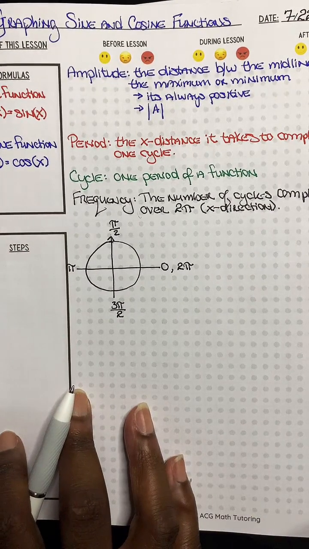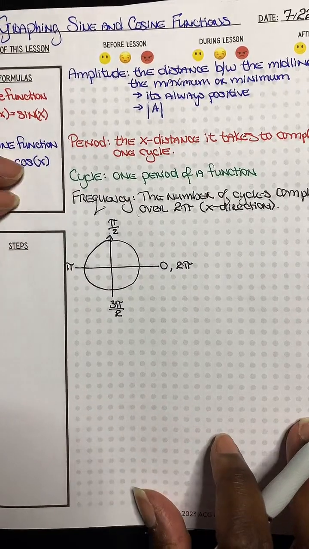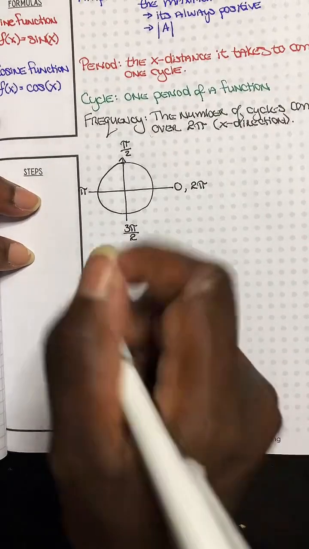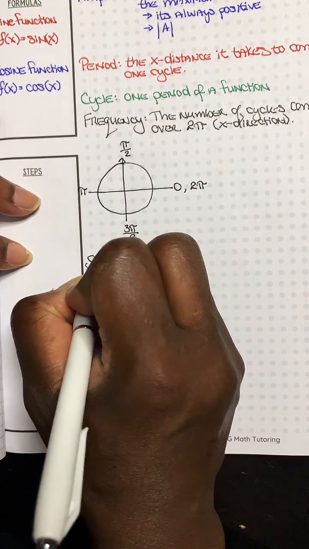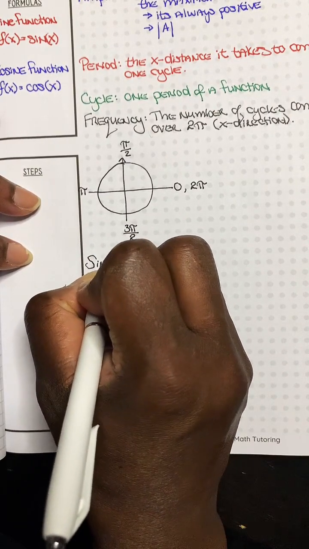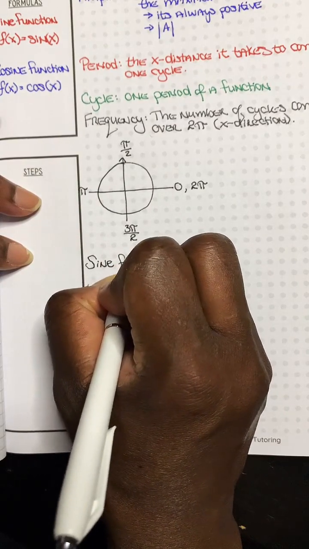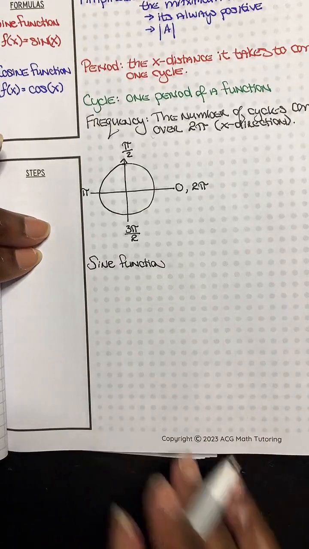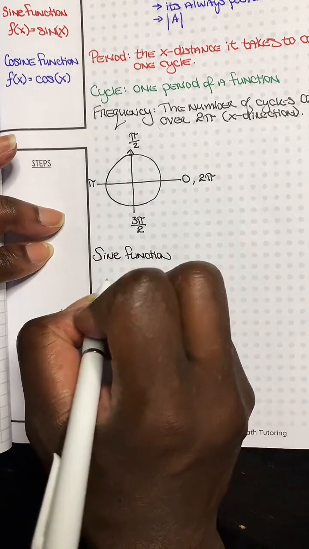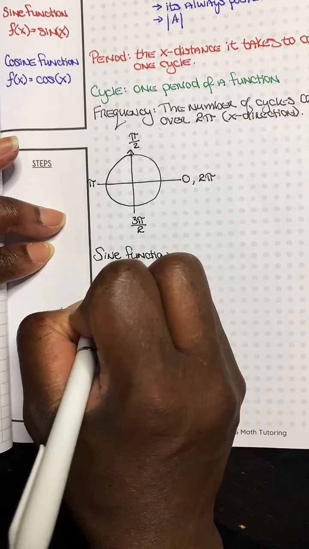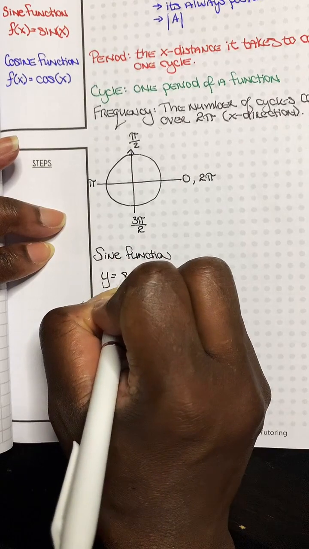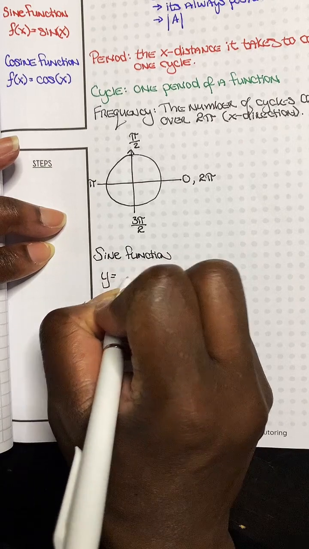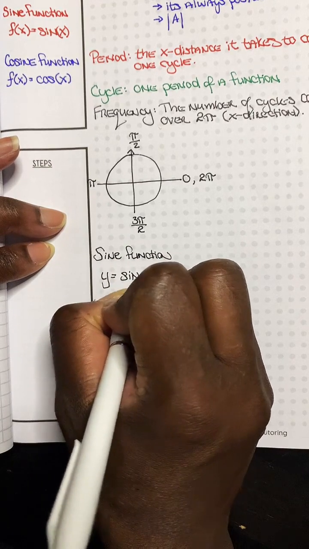When we break this down, right now I want to take a look at the sine function. The very first thing is the equation, which is going to be y equals the sine of x.